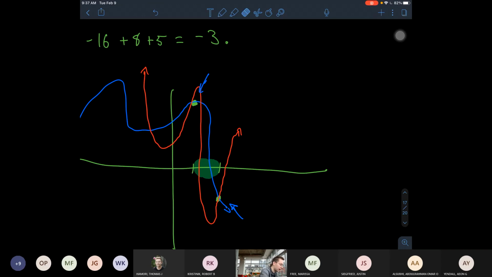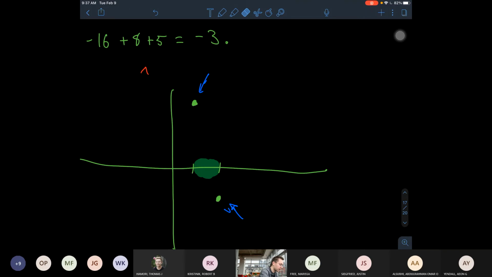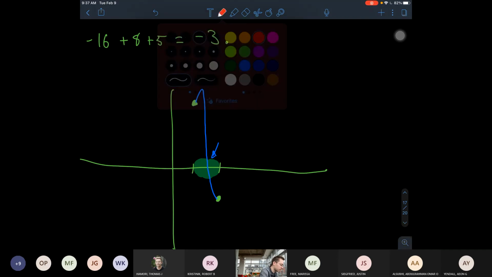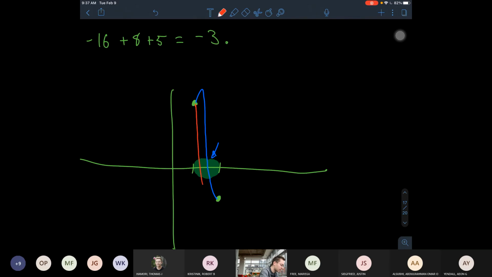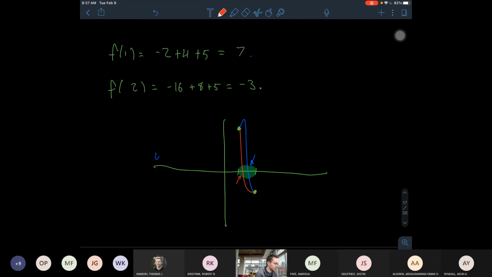We don't actually know how they're connected, but we know that they are connected. So we know that there must be a point somewhere in here where we're going to cross the x-axis. It might look something like that, or it might look something like this. But no matter what, we're going to have to cross the x-axis if we want to get there, right?